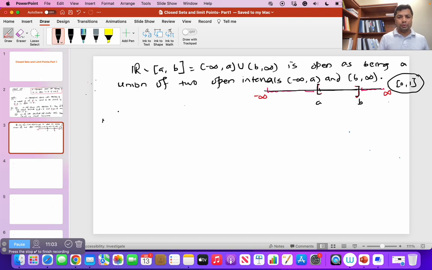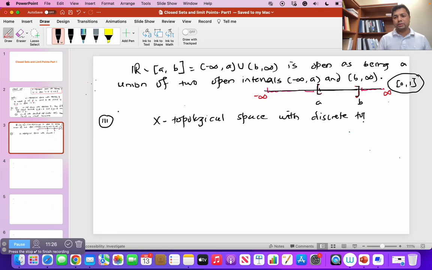Now let me give you the third example. Let's say X is a topological space with discrete topology tau.